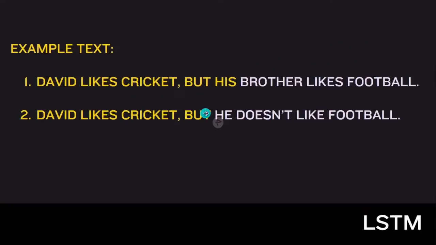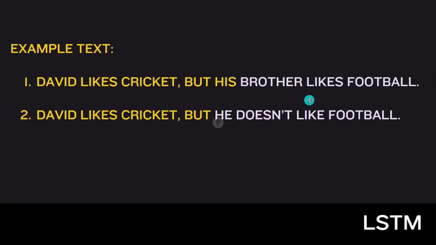From here, the next word you are getting now is brother. In the first sentence, whatever you talked about till now, about cricket and who likes it, is about David. In both these sentences, David is the main character who is liking cricket. The information about David is told here.